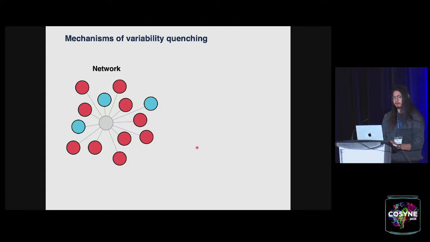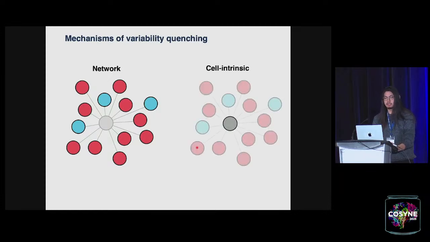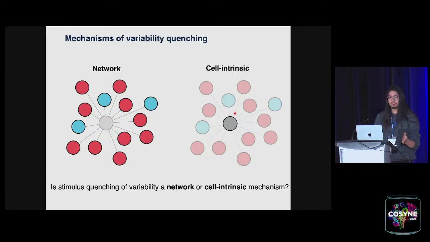But are there other possibilities? We could also go to the complete opposite side and imagine a cell-intrinsic phenomenon, something about the cell itself that might drive it to respond less variably when a stimulus comes on. In this case, it doesn't matter what's happening in the network; just something about the stimulus coming on will drive this reduction in variability. So the first question I want to get at is: is the stimulus quenching of variability a network or cell-intrinsic mechanism? How can we get at this question?